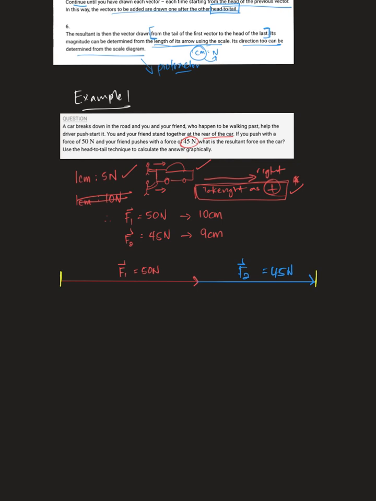So if I say 50 plus 45 and I measure that, or I measure 10 centimeters plus 9 centimeters, I'm going to have a long line here in my book. Let's measure from the right zone to the right zone. I've then got graphically, oh no, what happened to my line? Sorry.